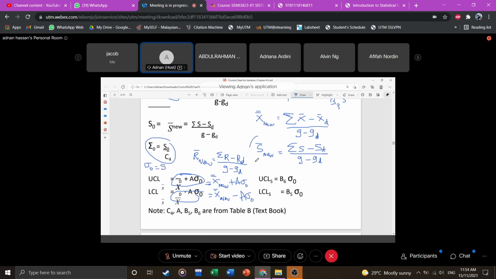You can represent this as S; sometimes people use it as note, as a standard value. So divide by C4. You divide by C4. This is where you get this value, sigma here. For the control limit for the S chart, we use this one, so now B6 and B5.